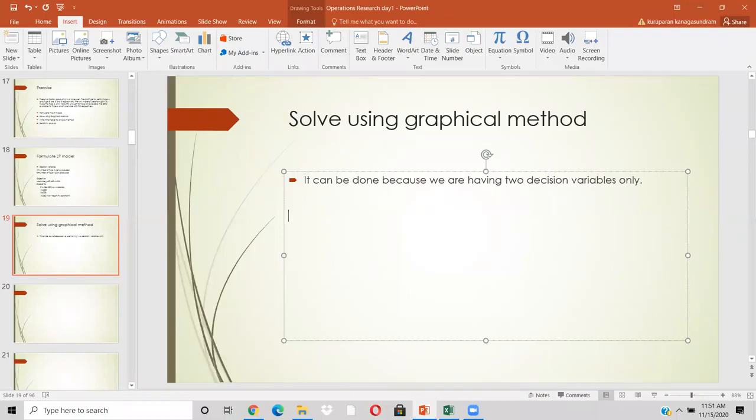Next, what should we do in the graphical method? We have to draw the constraints and identify the feasible region first. How to draw that graph?